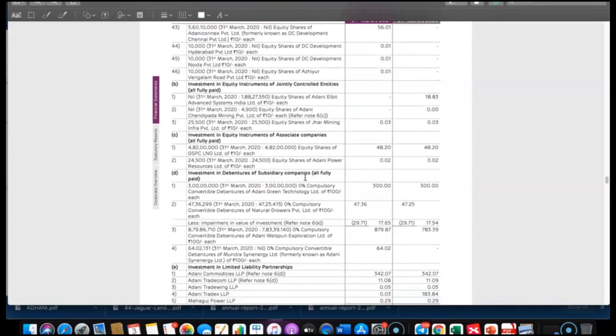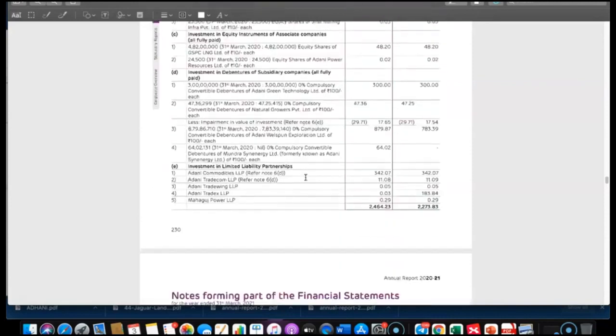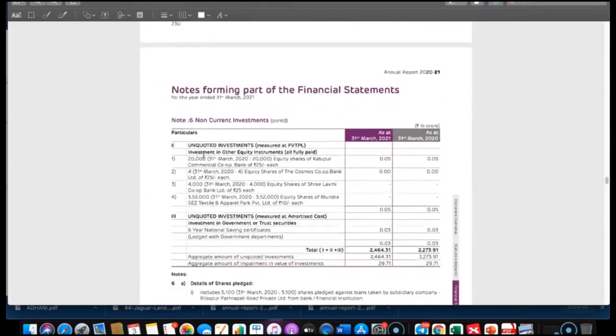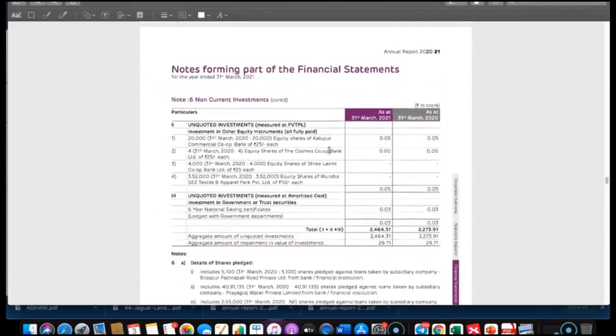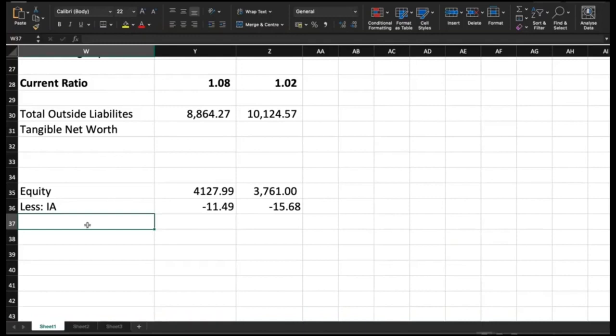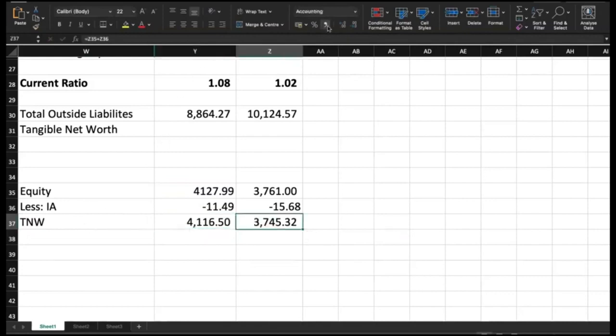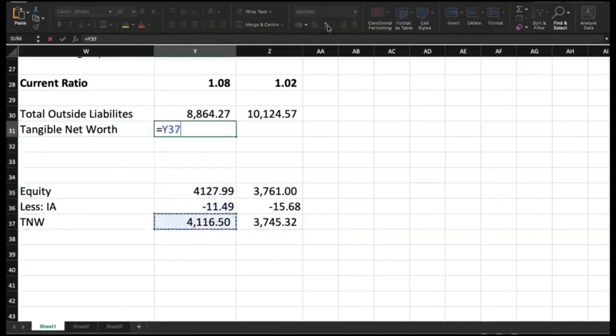They have investment in debentures of subsidiary companies, also LLPs, and there are unquoted investments as well. So now let us compute the tangible net worth, which is so much for 2021 and this is for 2020. Okay, so I'll bring that here.